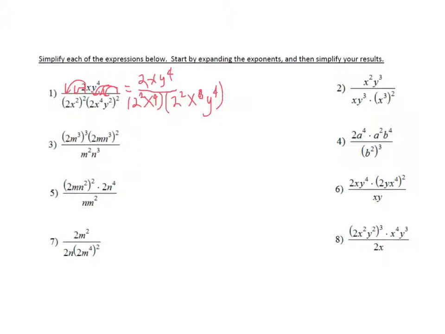Now, these are multiplied times one another, and we get 2 to the 4th, because I got 2 here and 2 here, x to the 12th, and y to the 4th.